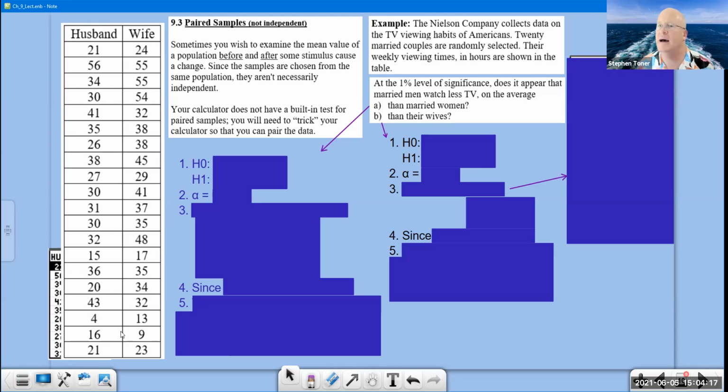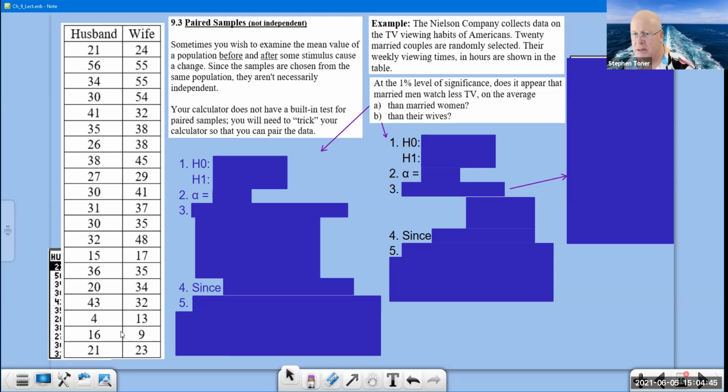But in our class, we've got some married men, we've got some married women, but they're not married to each other. There's not necessarily a connection between those two groups unless they're being paired up. So I wanted to put that into this problem as two separate parts to show you we've got to be careful with the wording, but also to show you how you handle each of these separately.